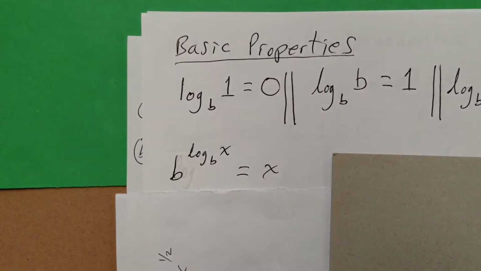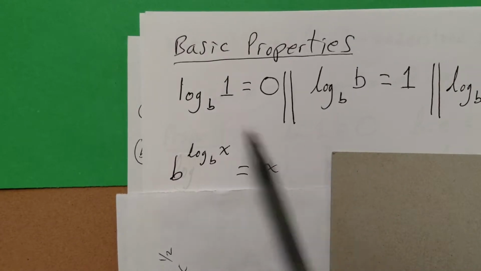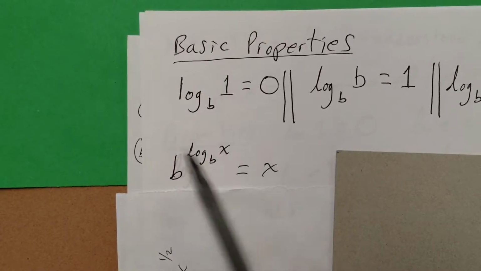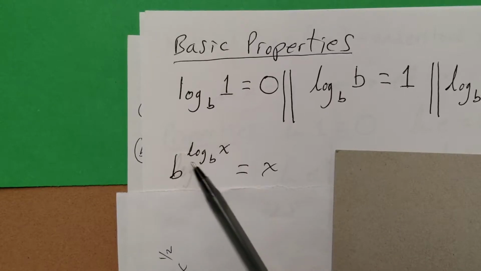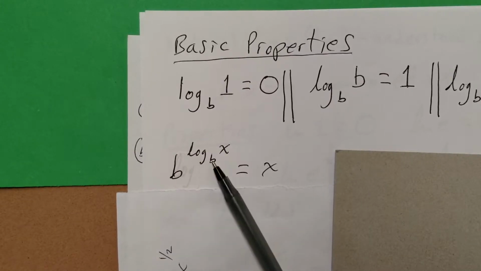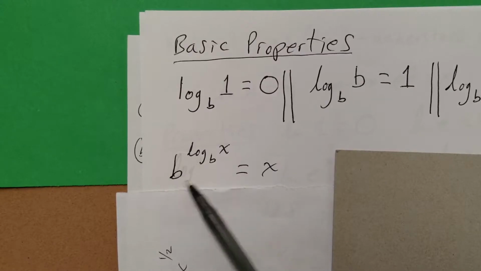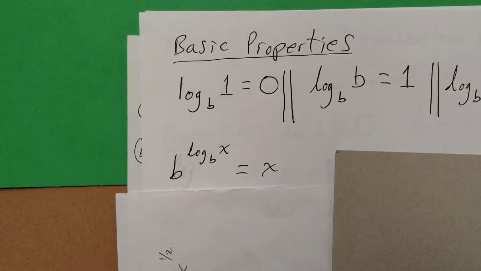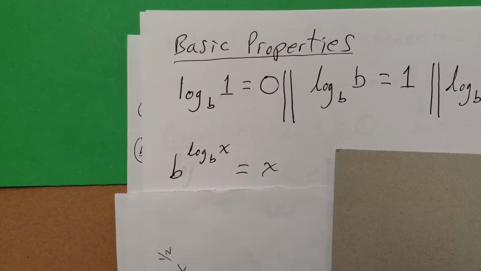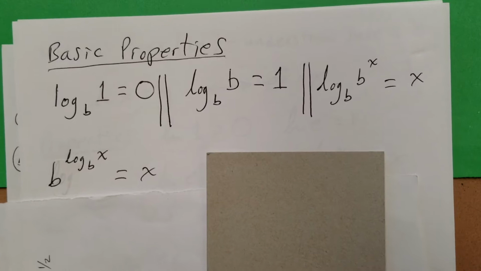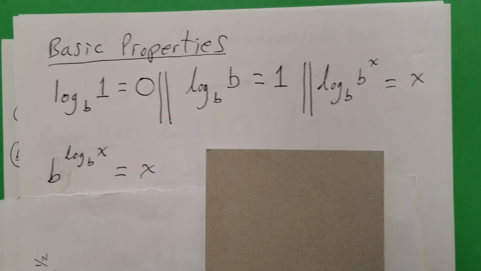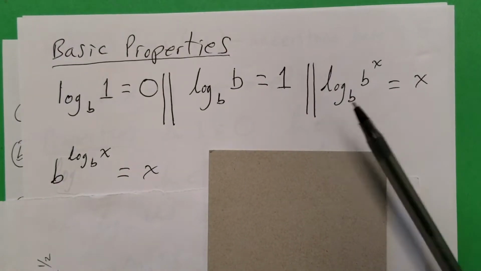Here's another one. These are logs, this is exponential. I have a number, and here's my exponent, a funny-looking exponent. But if these numbers match, then you can just drop the whole thing and just copy this x here. They look a little weird. Sorry, did we not see this? I kind of rushed through this. Maybe it wasn't on the screen.